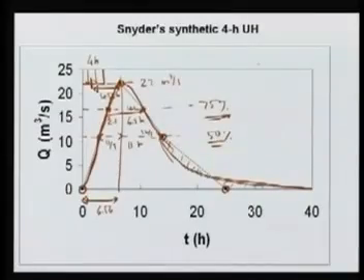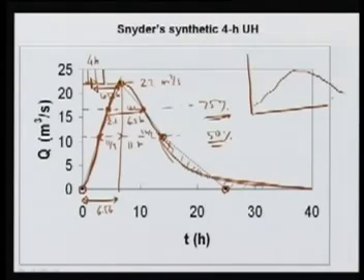But sometimes the rainfall which occurs may not have a uniform intensity. The intensity may be varying quite a bit. For example, we may have a rainfall which has intensity like this. In this case, making the assumption of a constant intensity over finite intervals may be valid, but it may not be very accurate.